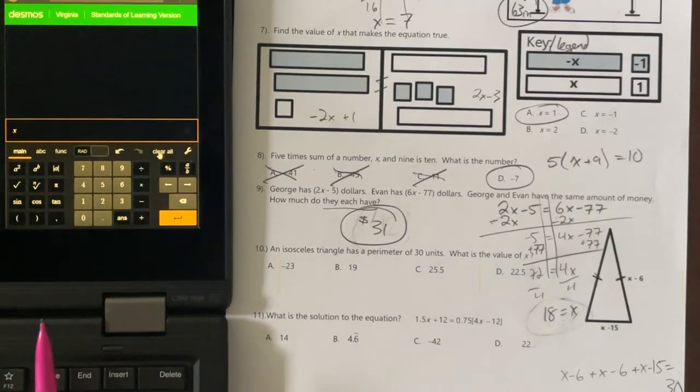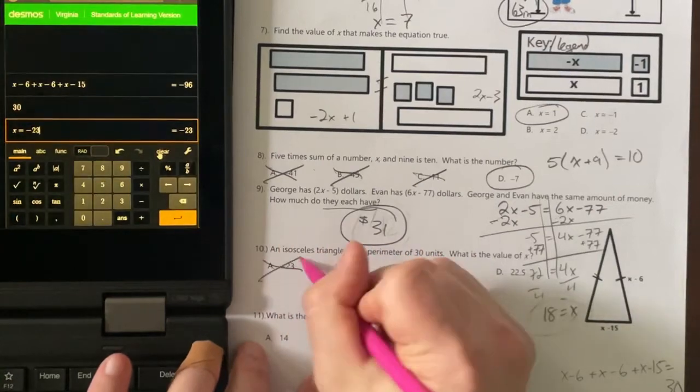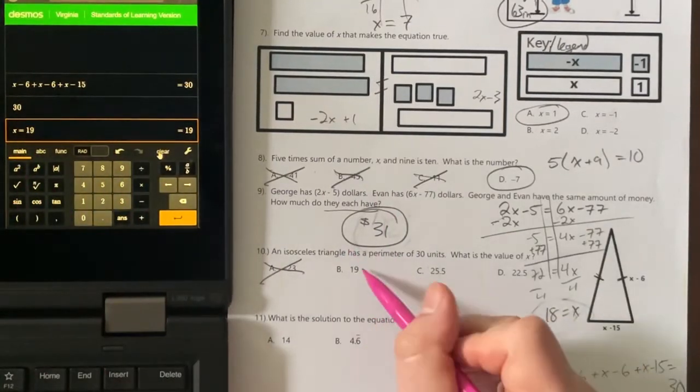And we're saying, does that equal 30? When x equals, well, it can't be negative 23, but we can double check. It is not negative 23. Distance needs to be positive. How about 19? It is 19 since those two values are the same.